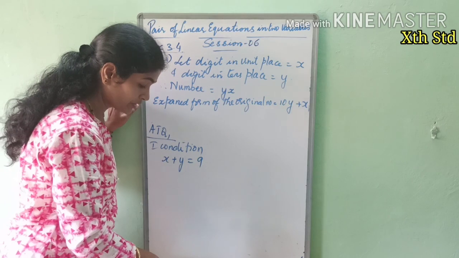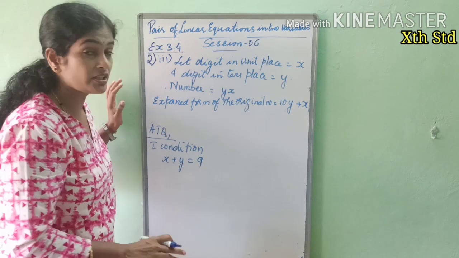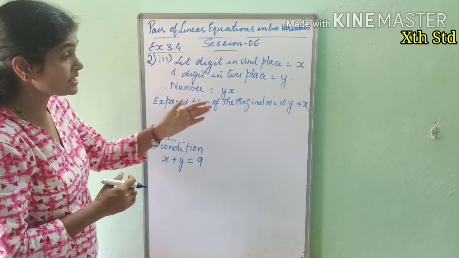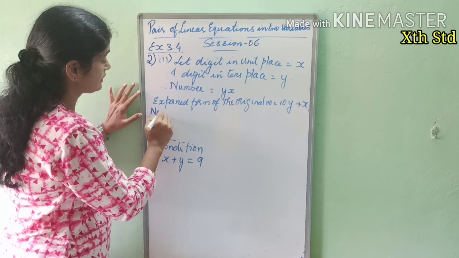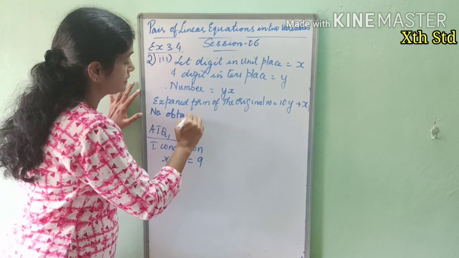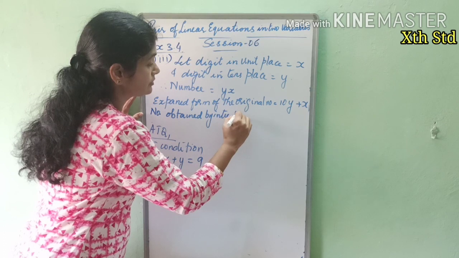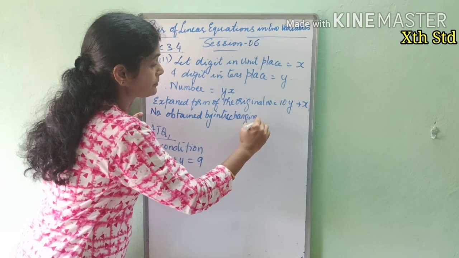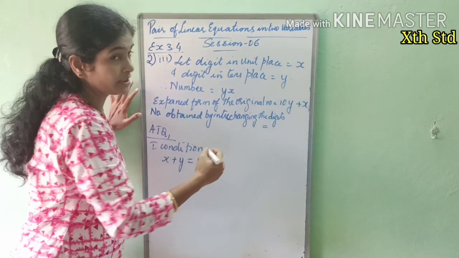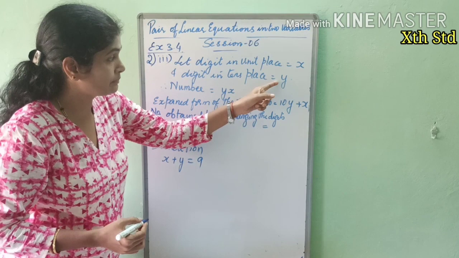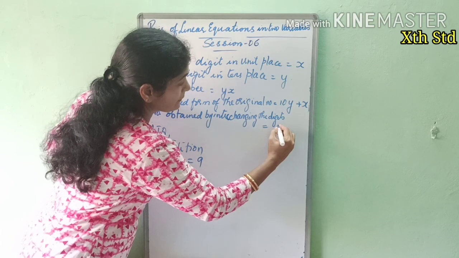What is the second? Also, 9 times this number is twice the number obtained by reversing the order of the digits. So, which is the number obtained by interchanging the digits? Interchanging the digits means tens place becomes units, units place will be the tens one. So this will become xy.